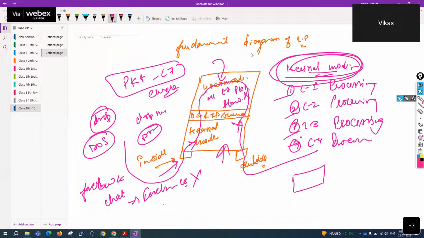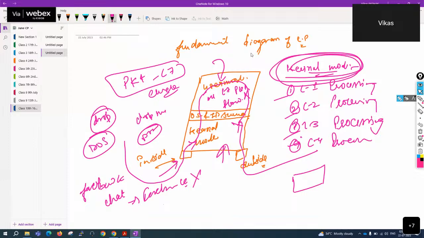So with the help of user mode, I can control my kernel mode, and I'll show you how you can do that. Any particular doubt till now? Anyone?